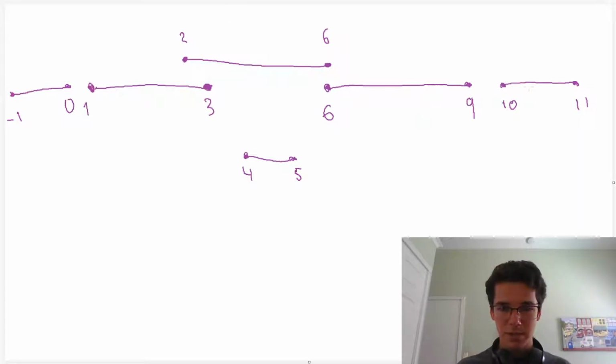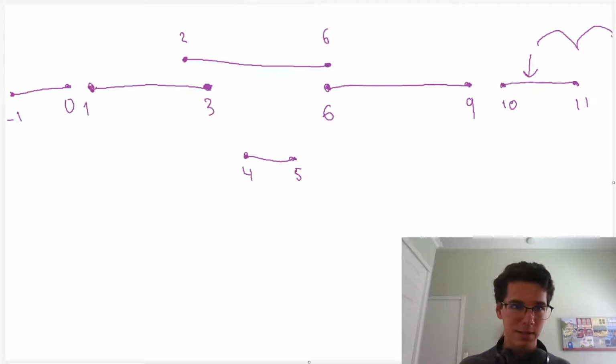And then what we would actually do is set our merged or new interval equal to this, and then just compare that to every interval that happens afterwards.